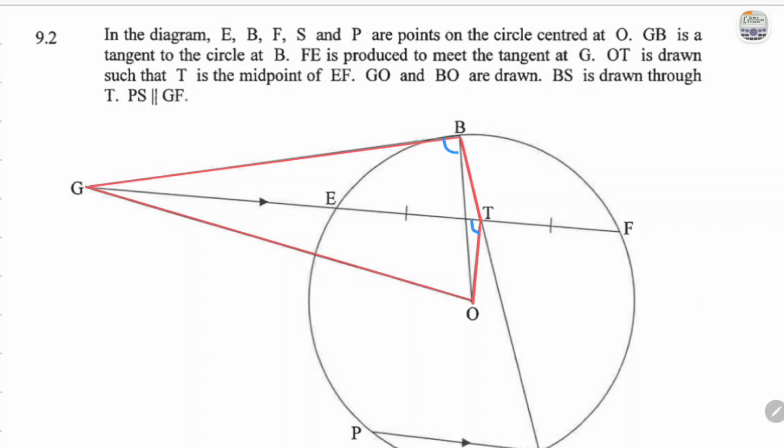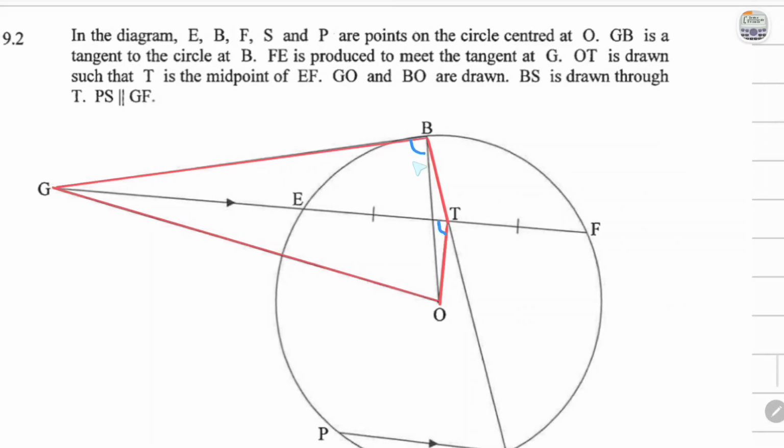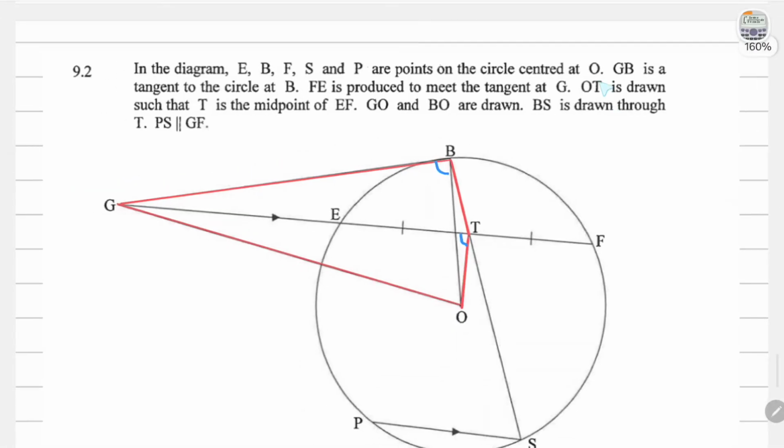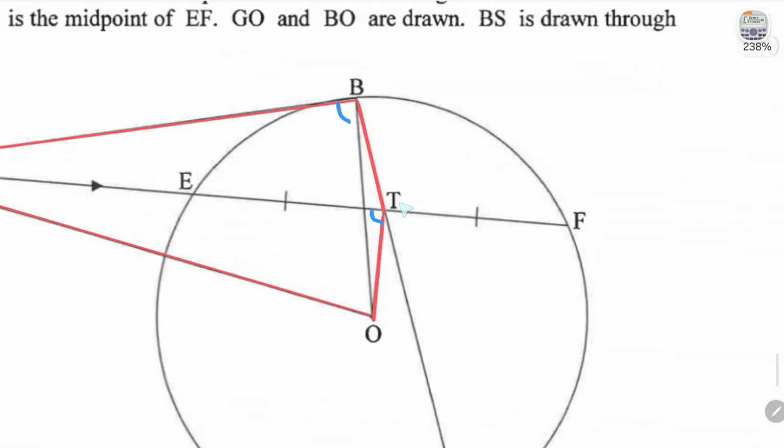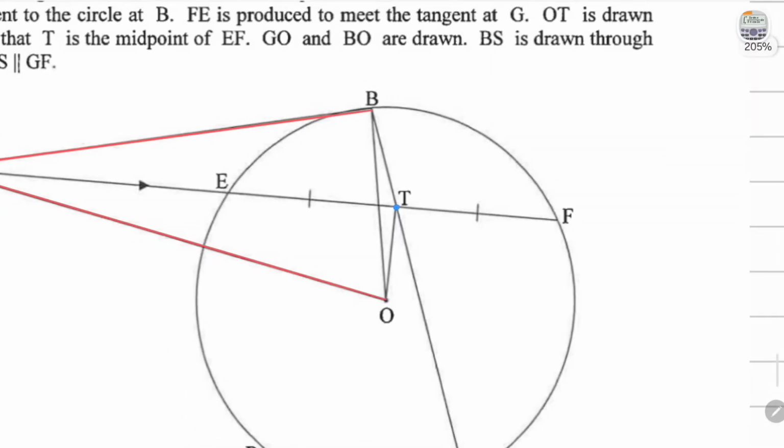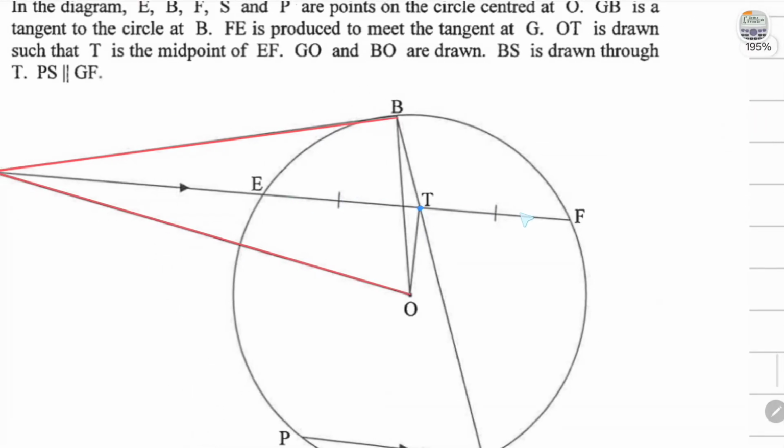So we could also just focus on these two angles. And let's just see, based on where they are, this one is between a tangent. And do you see that they said that OT was drawn such that T is the midpoint of EF, okay? So if T is the midpoint, and I'm going to have to remove this because it's going to just distract. If T is the midpoint of EF, then we can see that the previous theorem we just worked on, that proof, is showing up here.